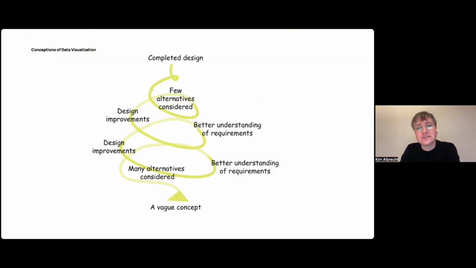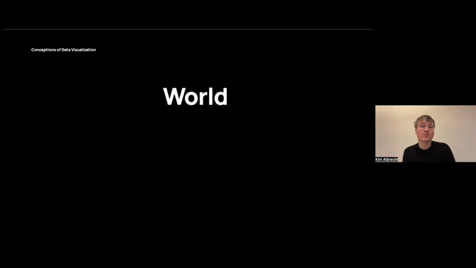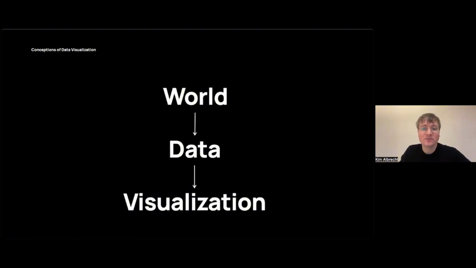And that narrative follows something like that. It's, I think, the promise of data visualization that boils down to the idea that we first capture the world in data, then we visualize this data, and then thirdly, we gain insight into the world by doing so.